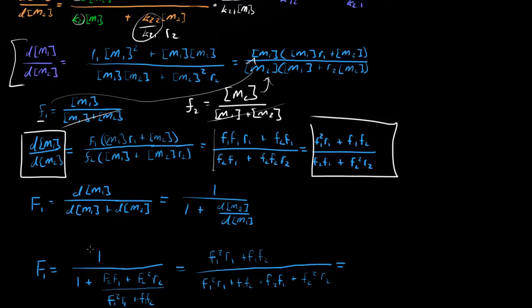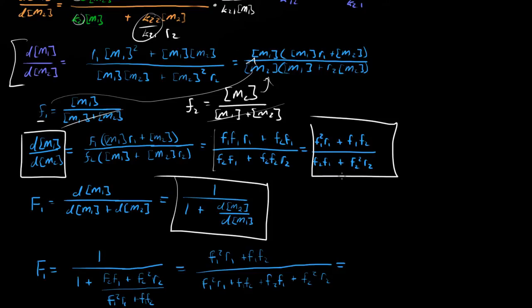Now for, I believe it is the mole fraction of monomer 1 in the copolymer. That is equal to the change in monomer 1 with respect to the change in monomer 1 plus the change in monomer 2. And this actually just simplifies down to this.